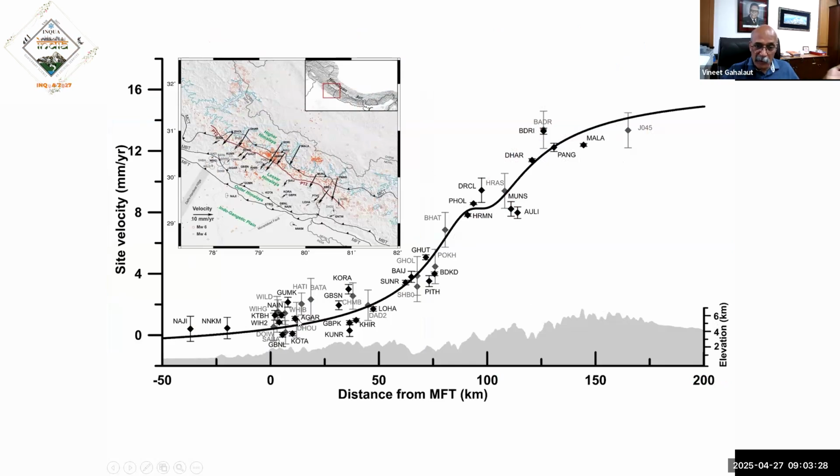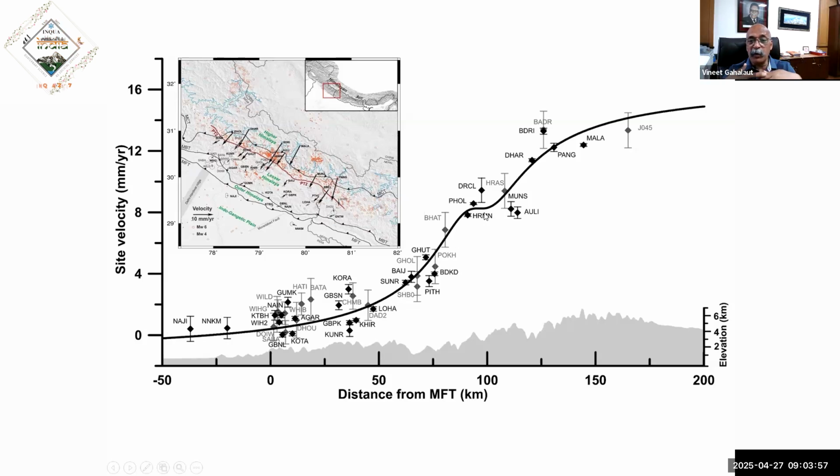There's very small movement, but as you move towards the north, the site motion starts increasing. And believe me, if I assume that the main Himalayan thrust is fully locked and do some simulation, that's the curve which I get.